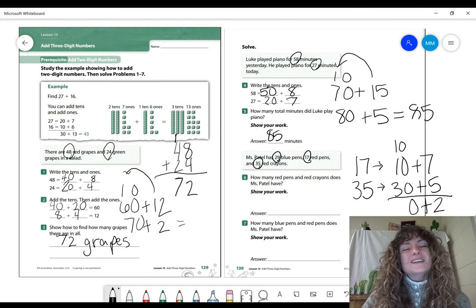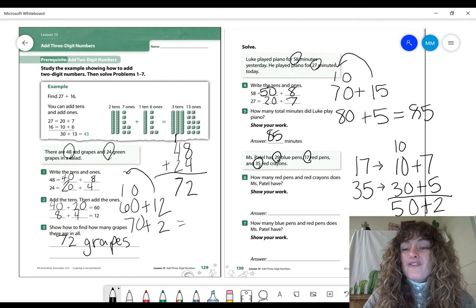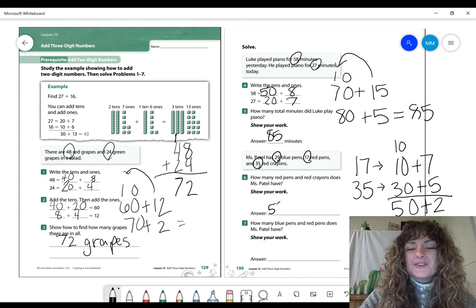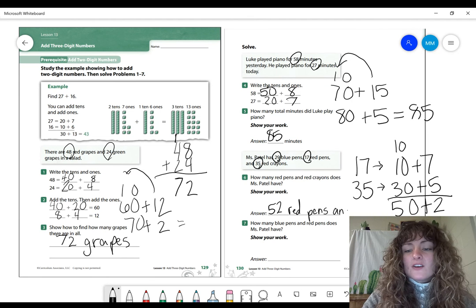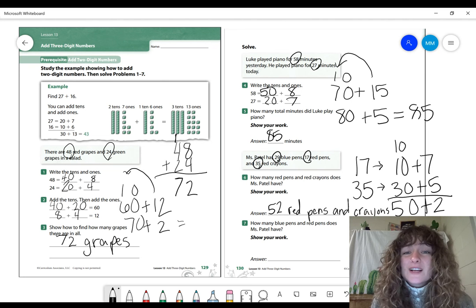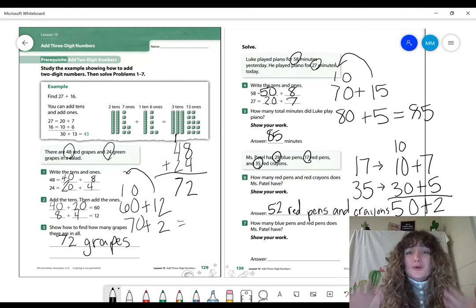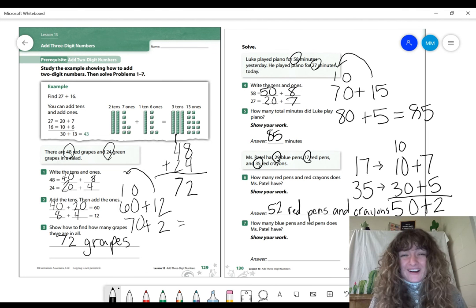So 1 plus 1 is 2, plus 3 is 5. 50 plus 2 would be 52 red pens and crayons. All right. Okay, I made a mistake. That's okay. If you did that three-part, two-digit number equation, whoa, you are a smarty.